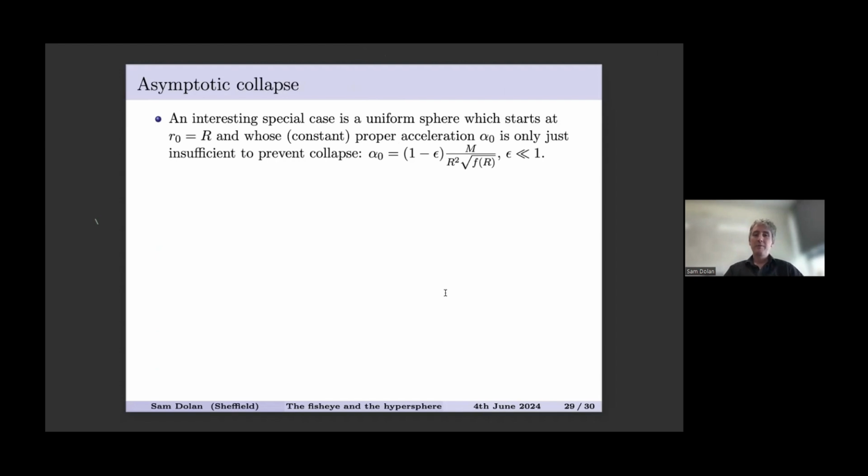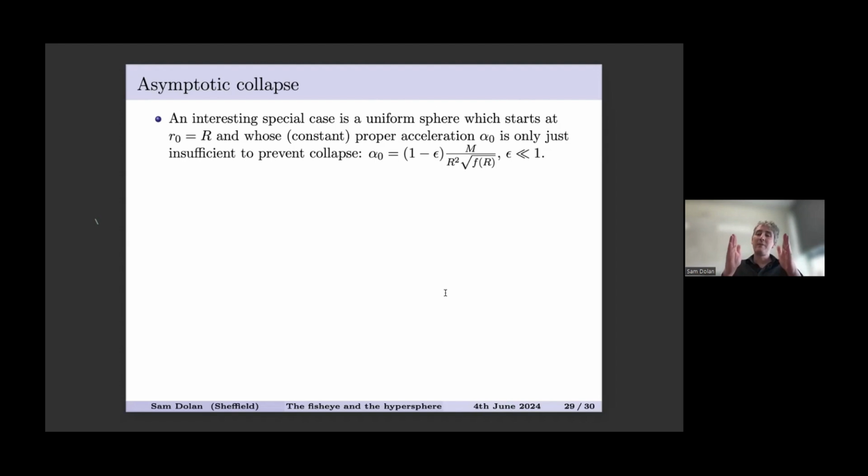So an interesting special case I'd like to look at more, which I haven't actually got round to before this talk, is the case of asymptotic collapse, where we start with a sphere. Let's say we start with the Schwarzschild interior solution, but we assume we haven't got quite enough acceleration to keep it static. So we set up an acceleration that's just below that value needed to keep the sphere static.